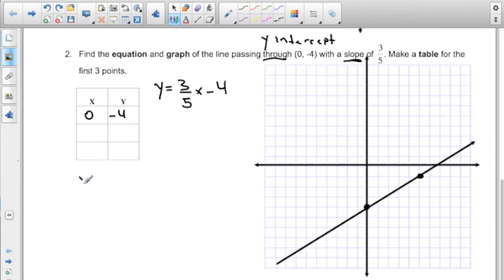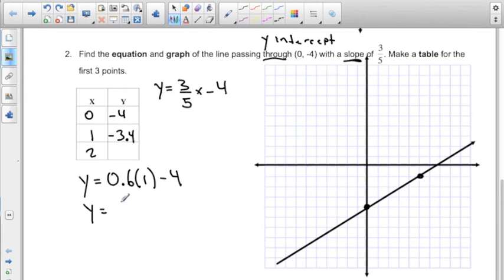If we're going to do it for 1, if you want to turn it to a decimal, that's fine. So 3/5 ends up being 0.6. y equals 0.6 times 1 minus 4, and we get -3.4. So when we have 1 on the x, we have -3.4 on the y.